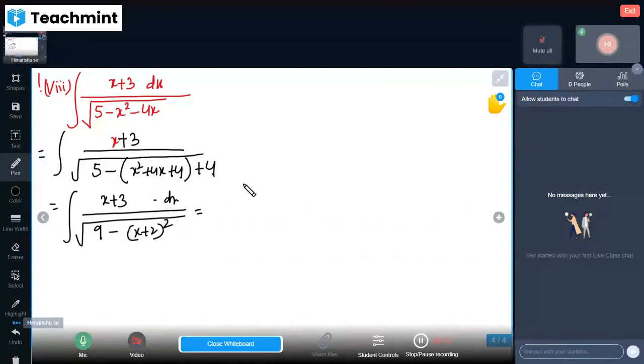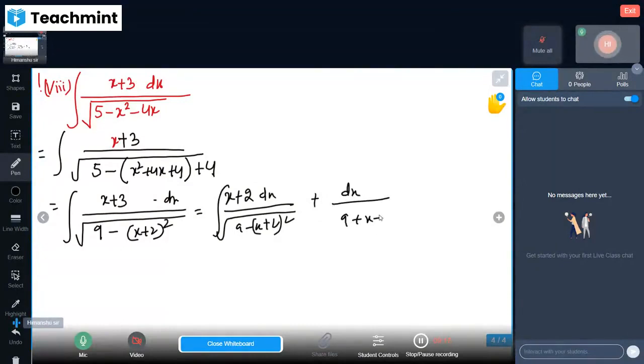So we can split it into two forms: x plus 2 dx upon root of 9 minus (x plus 2) square, and another one is plus 1, that means dx upon root of 9 minus (x plus 2) square.